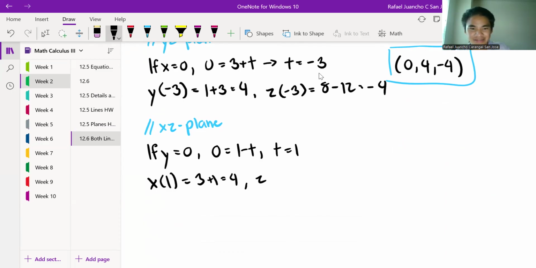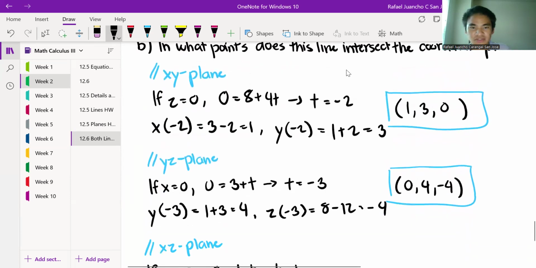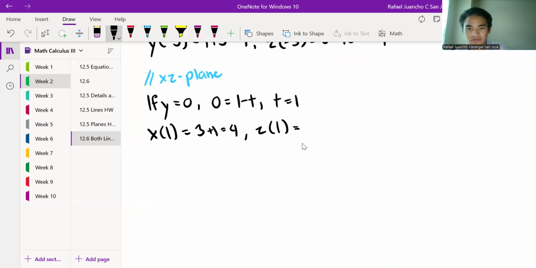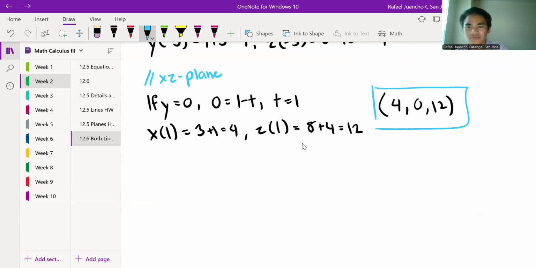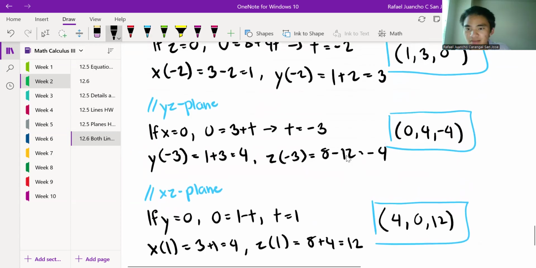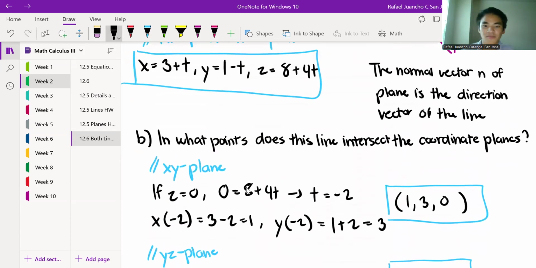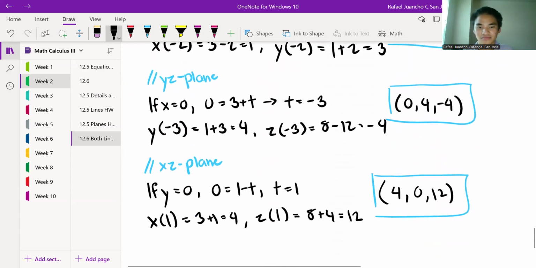And then z of 1 is what? z of 1 is the function, 8 plus 4, 12. So a point would be 4 for x, 0 for y, 12 for z. Done. So those are the points of this line when it intersects the coordinate planes.